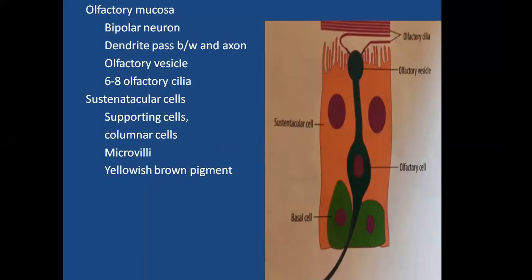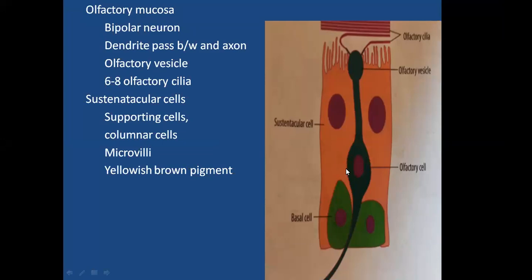So we will discuss first of all the olfactory cell. This olfactory cell is a bipolar neuron.